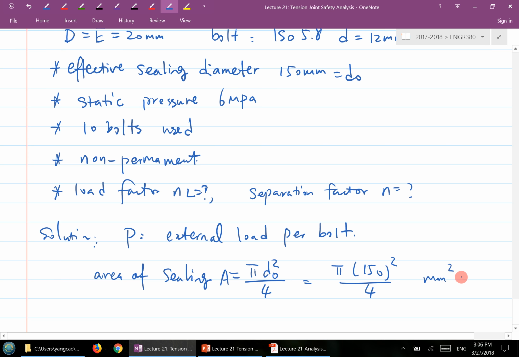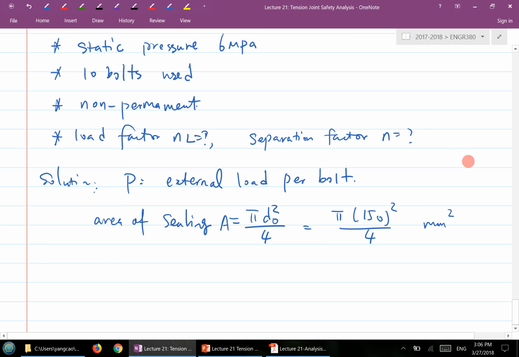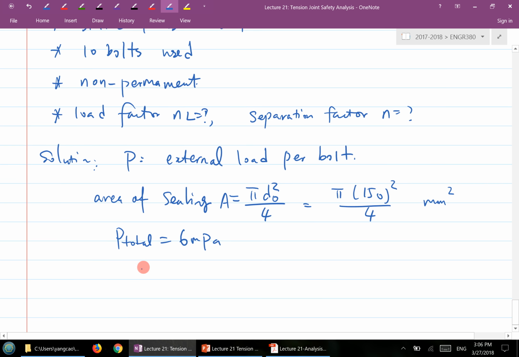Once you get this, and you have the total pressure of 6 megapascal, then the total force is equal to the total pressure times the area. Force divided by area gives you the pressure, so pressure times area gives you the total force.